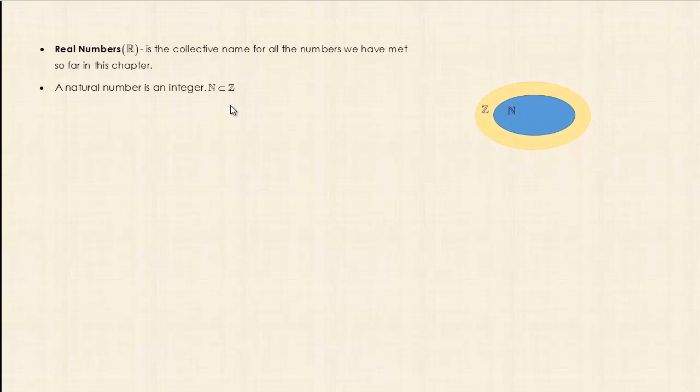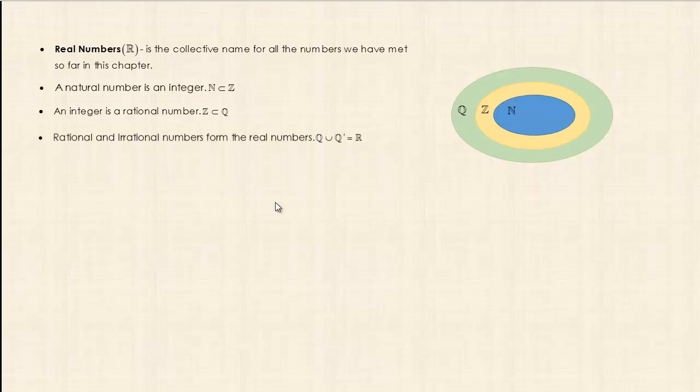So we've seen this picture before. An integer is a rational number. We've seen that we can write all whole numbers as fractions. So the set Q goes all the way around the outside. Rational and irrational numbers form the real numbers.